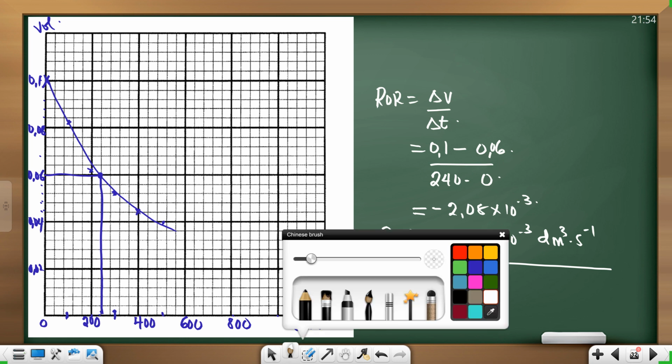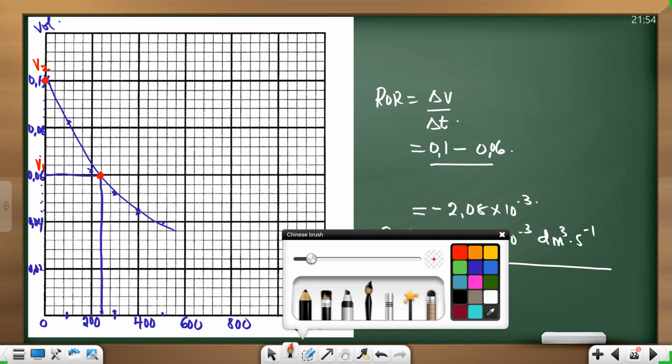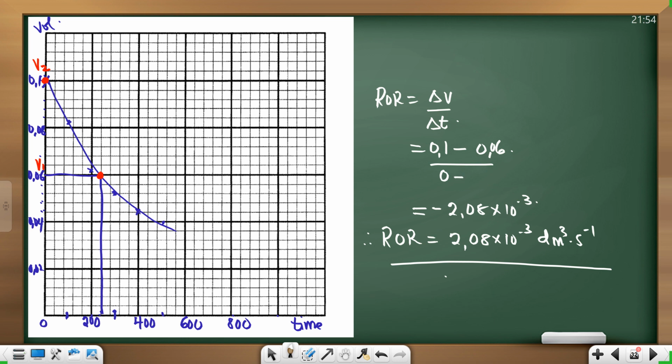So underneath you should also say 0 minus 240, right? If this is my V2 and this is V1. All right, 0 minus 240. I know that my answer would be a negative. It will still be a negative.